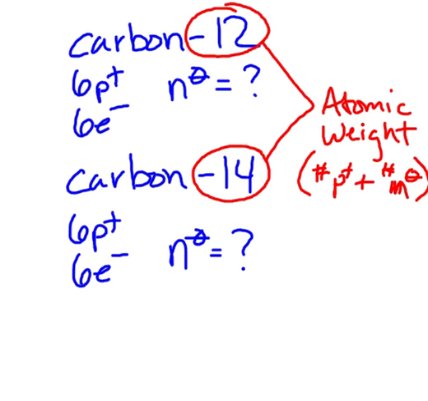So if I wanted to find out how many neutrons were in carbon 12, I would take 12, which is equal to the number of protons, 6, plus, in this case, X. I would subtract 6, and X is going to equal 6.